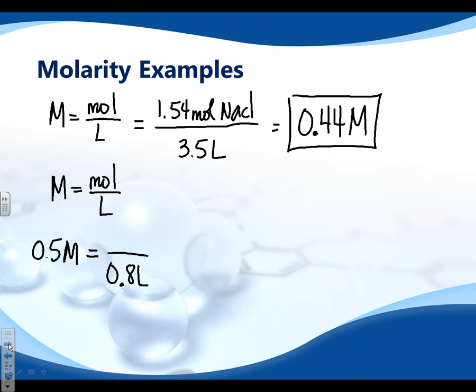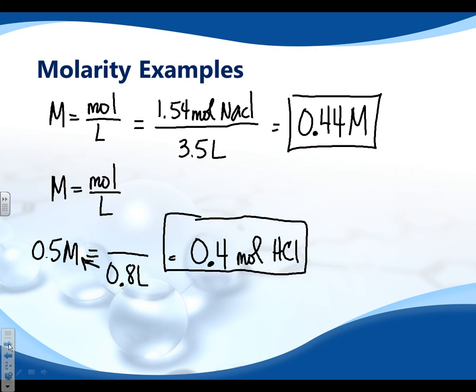So if I have 0.8 liters and a 0.5 molar solution, I can simply cross multiply there. So 0.5 times 0.8 will give me 0.4 moles of HCl. That's how much I need in order to create that particular concentration of solution.